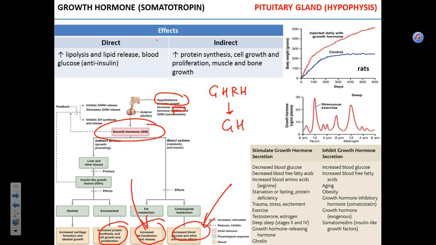Now, growth: why do cells grow? How do they grow? They produce more proteins. They become bigger, essentially. Okay? So that's your elevated protein synthesis and cell growth and reproduction. Cell growth and reproduction results in more bones.